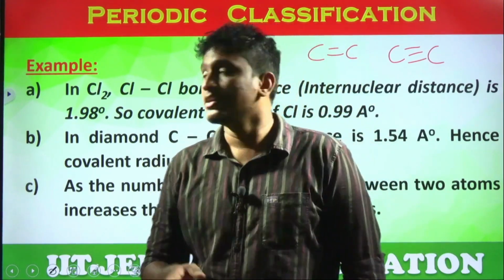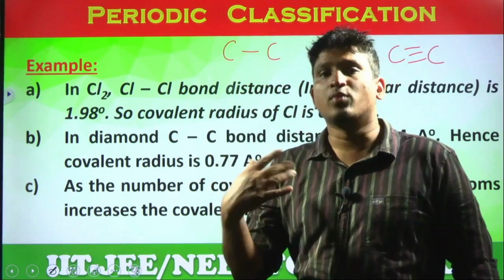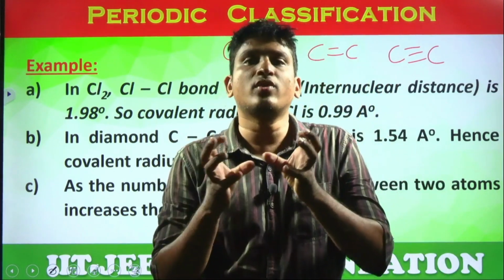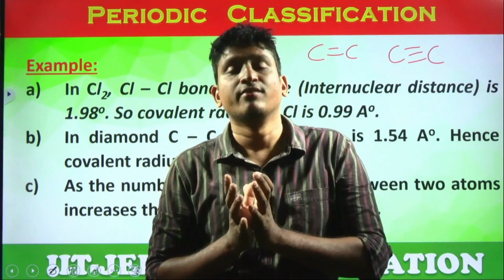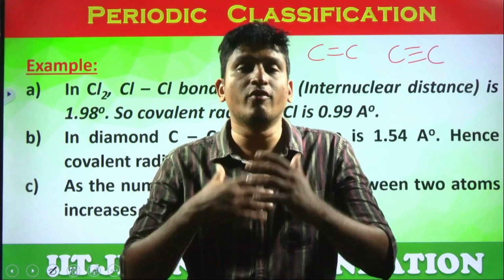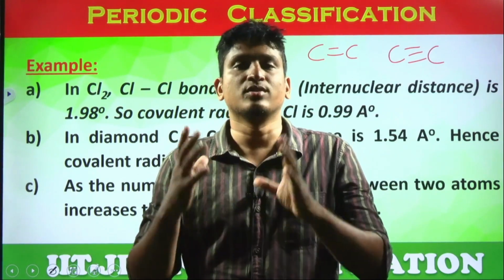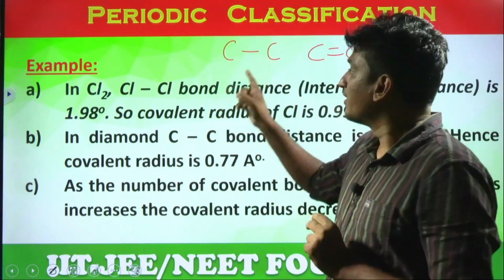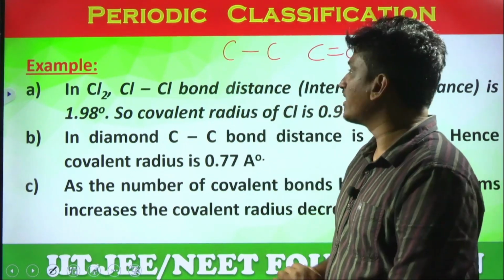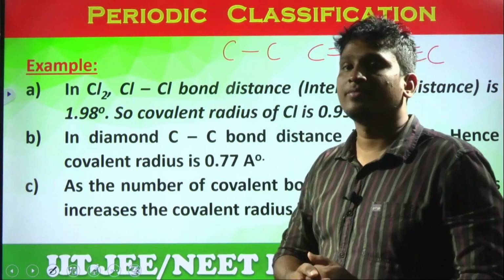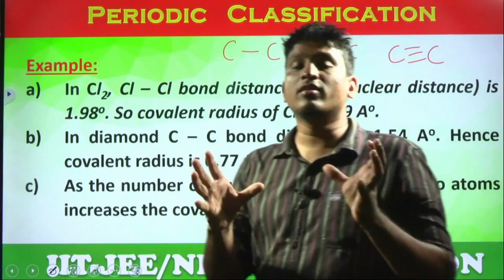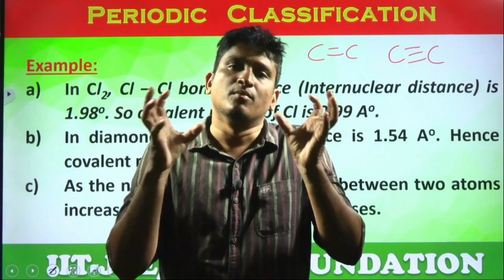Because if there are more bonds, the atoms come closer and closer, because the extent of overlapping will be more. So now answer, where is the covalent radius more, for single bond or triple bond? For single bond. In a triple bond there are 3 bonds, so atoms are closer to each other.